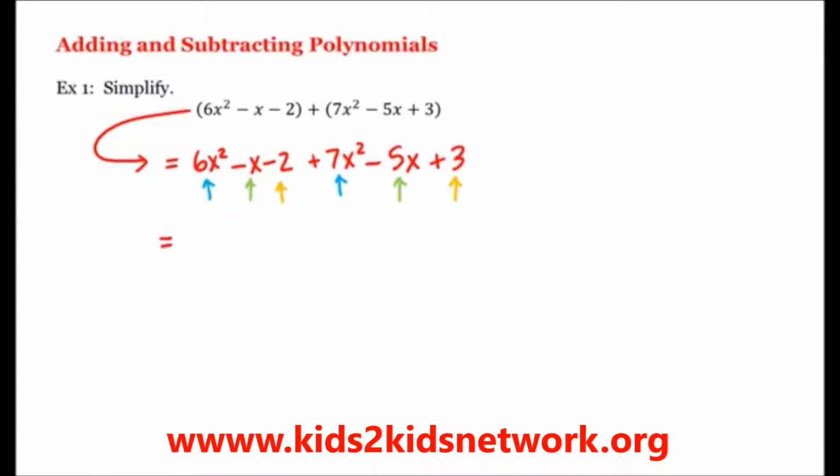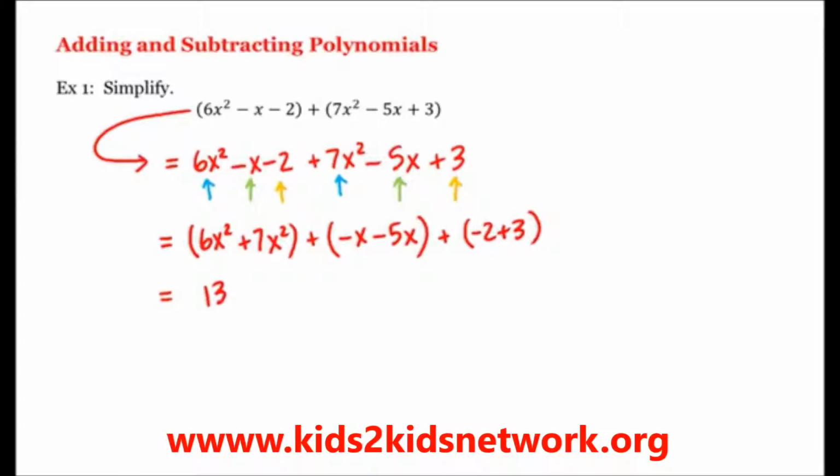So grouping these together gives us 6x squared plus 7x squared, and then plus negative x minus 5x, then plus negative 2 plus 3, which is equal to 13x squared minus 6x plus 1, which would be our answer.